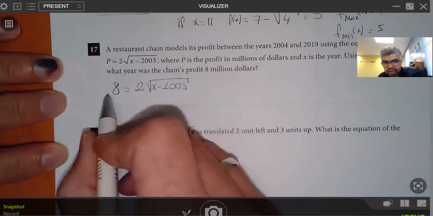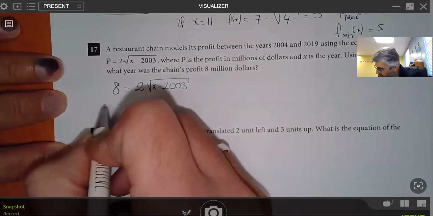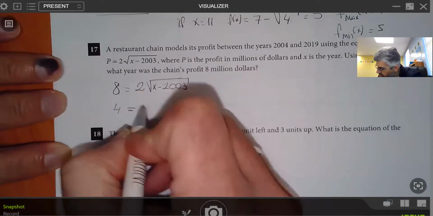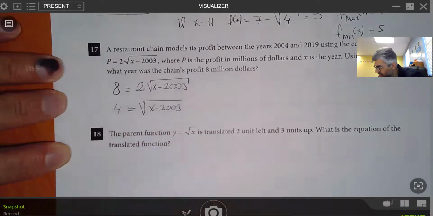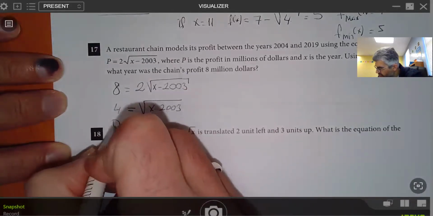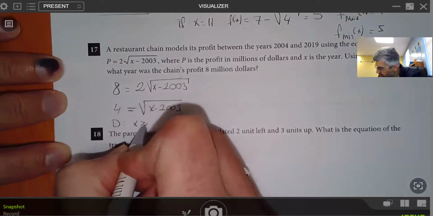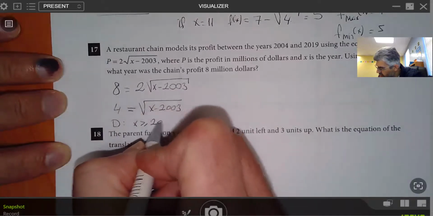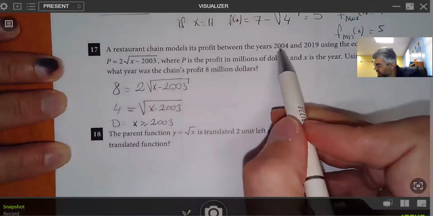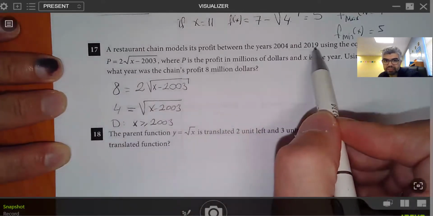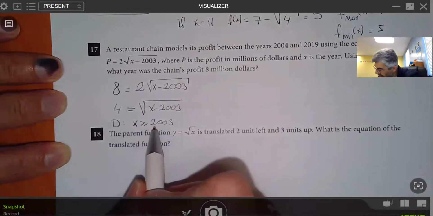First of all, I simplify 2 and 8. So I have 4 equals the square root of x minus 2003. By the way, guys, what is the domain here? x should be greater than or equal to 2003. Logically, years 2004 to 2019.